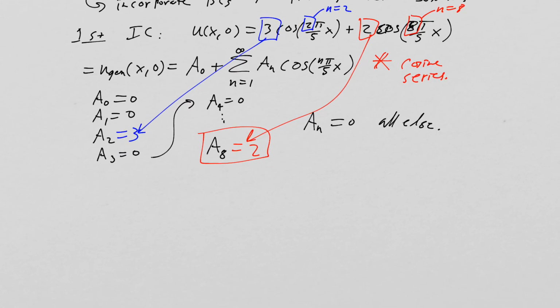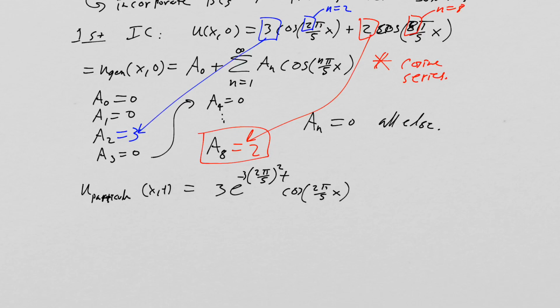Okay, so let's see if we can summarize that. We should be able to write that out now, that u particular of x comma t then, is going to be 3 times e to the negative 2 pi over 5 quantity squared. There's a 3 out there from the diffusivity constant times t times cosine of 2 pi over 5 times x plus 2, right?